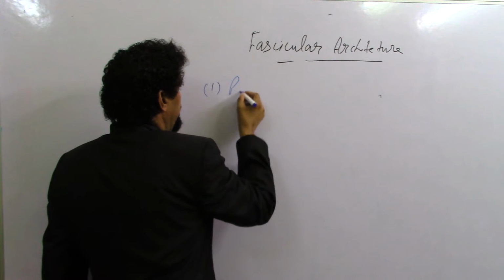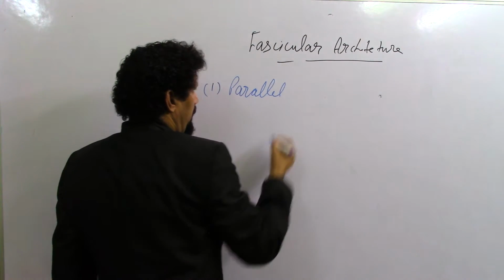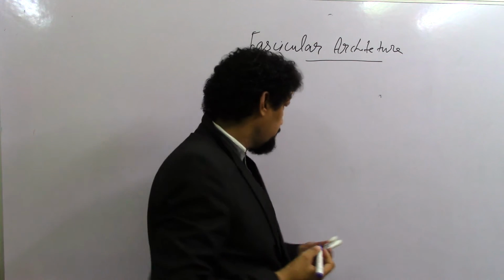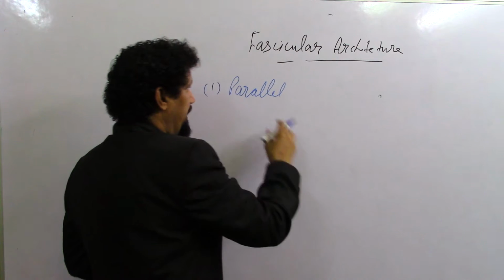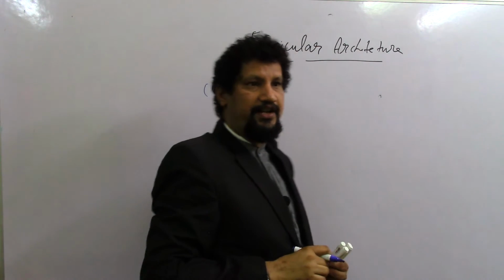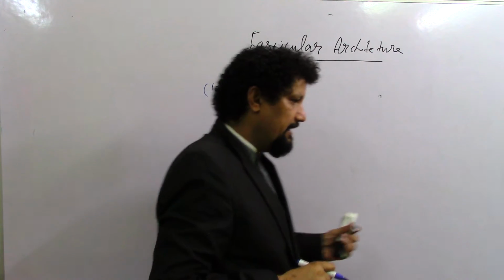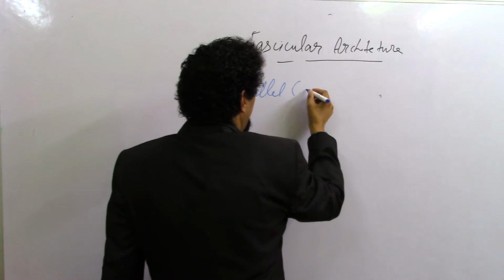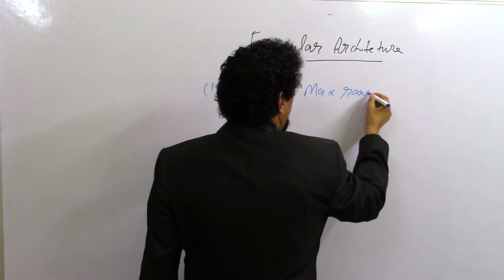The parallel muscle architecture depends on the force generated by muscles and range of movements. So parallel type of muscle has the maximum range of movement.